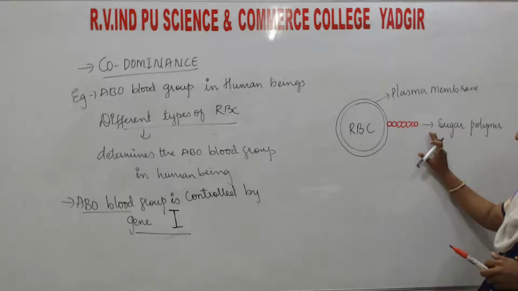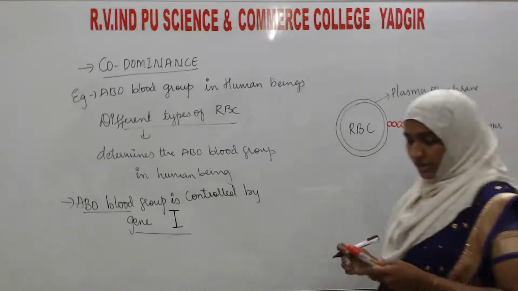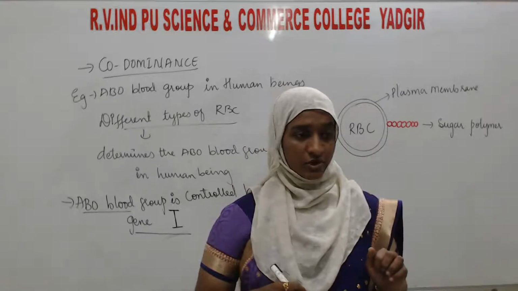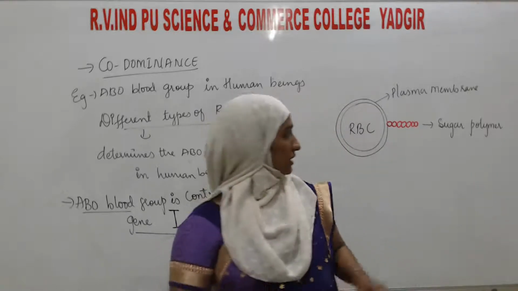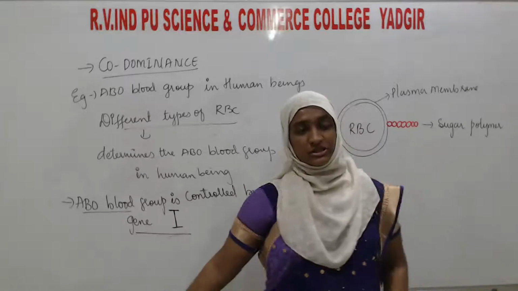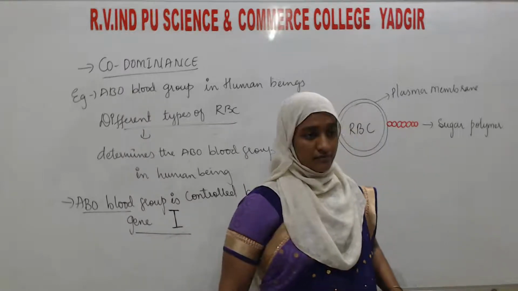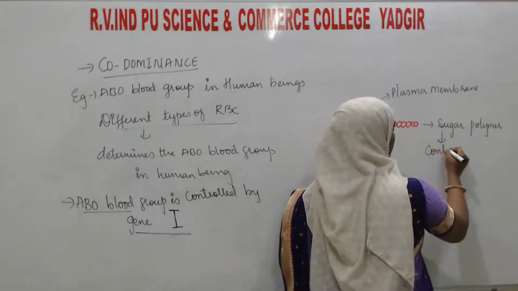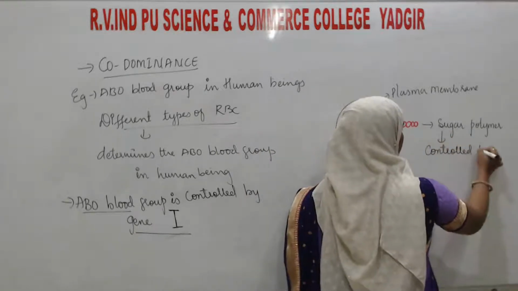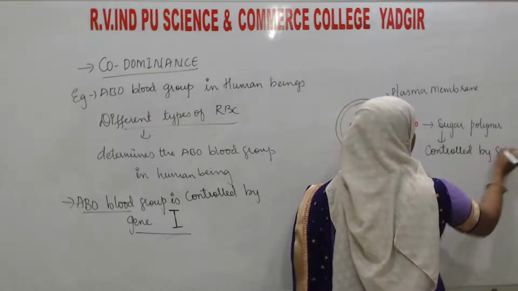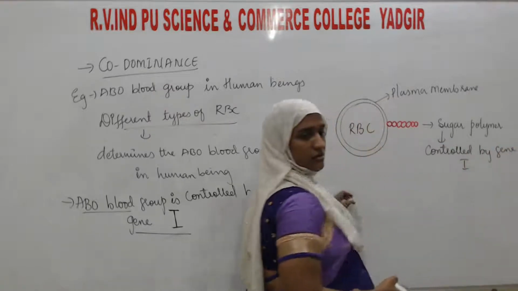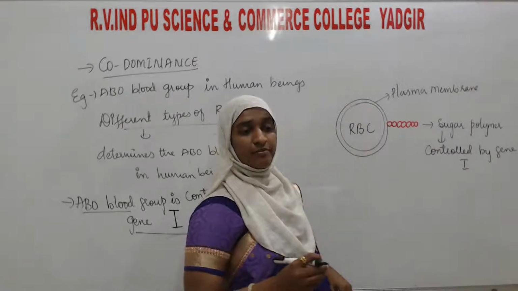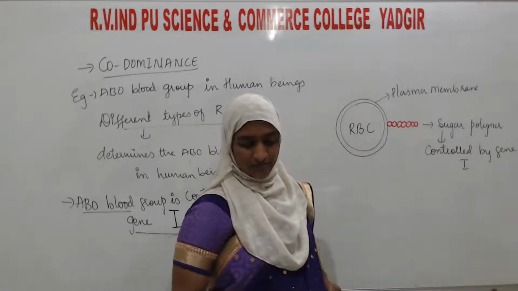So this particular sugar polymer is controlled by a gene. Whatever chain of sugar molecules are there, that is also controlled by a gene. That gene is the gene I. Here, this is controlled by gene I. This is the sugar polymer which is protruding from the plasma membrane of the RBC.